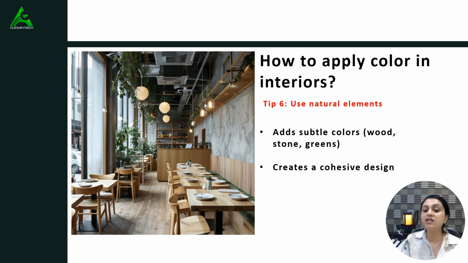These are cement textures or textures that occur in nature sometimes. These are the kind of colors that we can use and apply in our interiors. This also includes things like marble. If I'm talking about raw stone or marble, that is automatically going to apply color in your interiors.